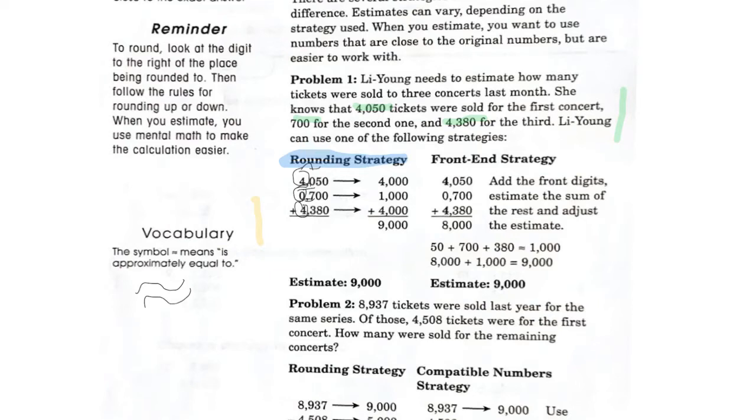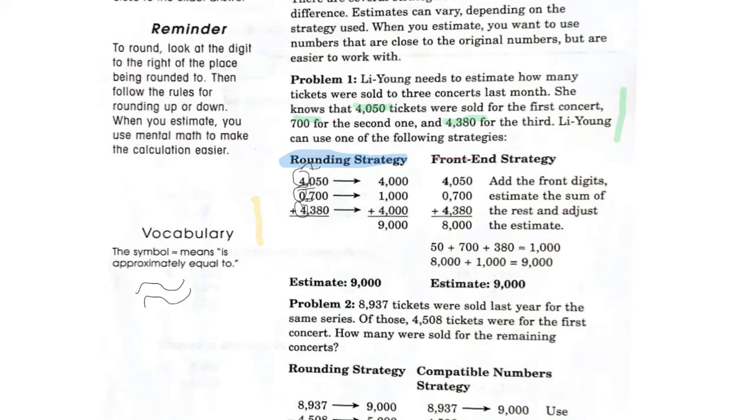So my circle stays the same. So I get 4,000. My next problem is a 0. I look to the right. It's a 7. So I'm going to round the circle up. So a 0 becomes a 1,000. And then the last one, we look to the right. It's a 3. So my number in the circle stays the same, 4,000. Then I just add them up and I get an estimate of 9,000.